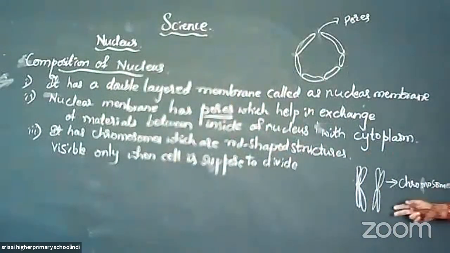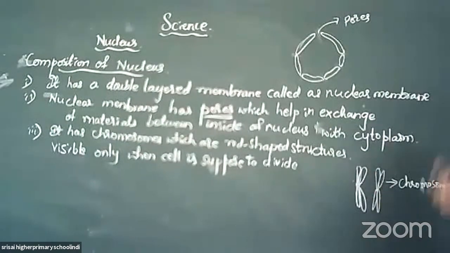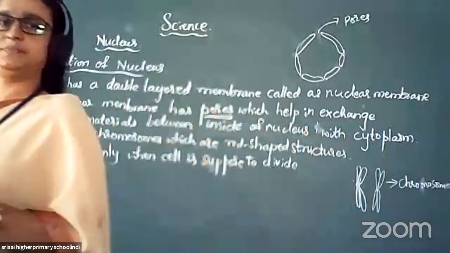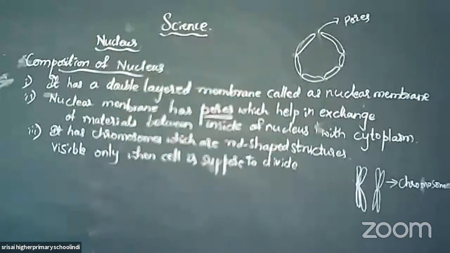What is the shape of the chromosomes? Rod-like structure. Are they visible at every time? Only when the cell is supposed to divide will they be visible. Otherwise, they will not be visible.